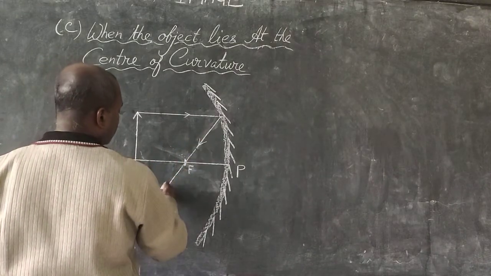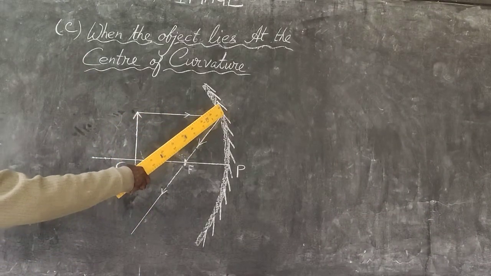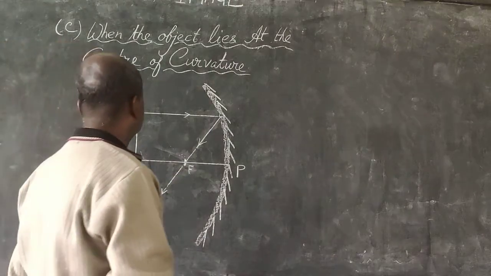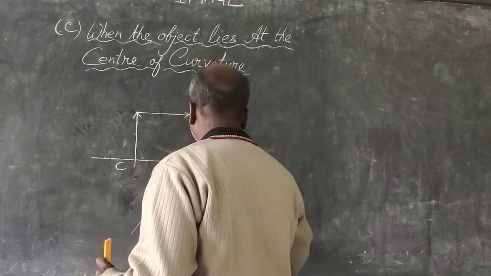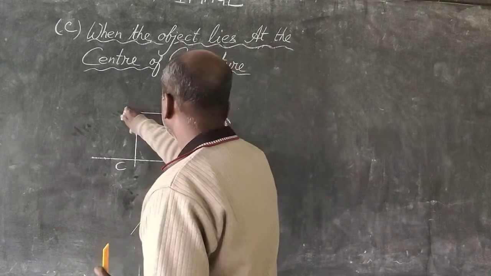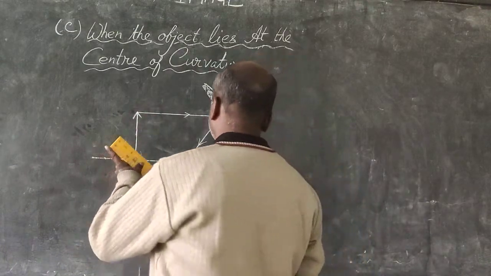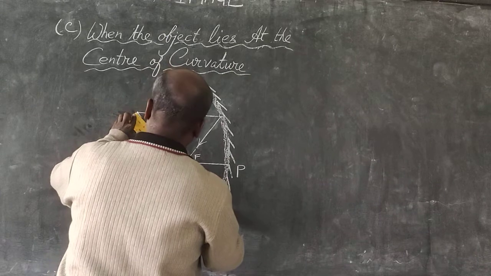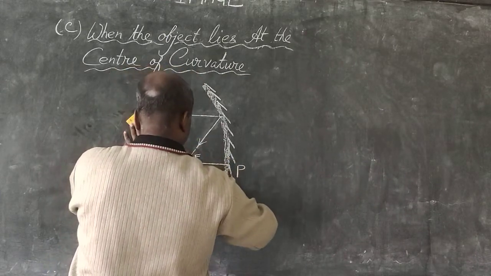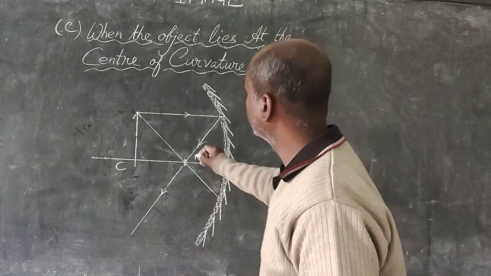This is the reflected ray, it passes through the focus. Incident ray parallel to the principal axis, the reflected ray passing through focus. Now the second ray we are going to take will be incident towards the mirror after passing the focus.